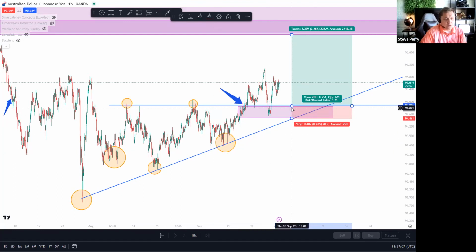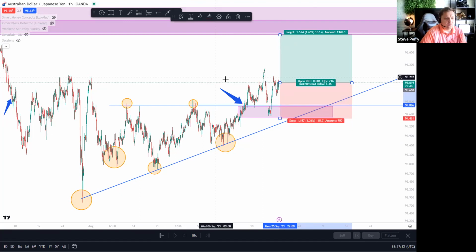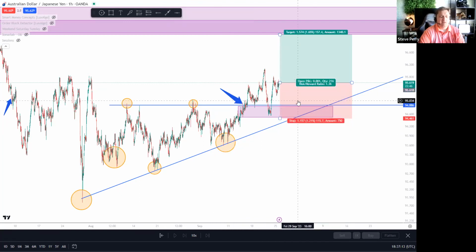If I just buy now, watch this. If I just put this right here and buy now, look what happens. It's still an okay trade, maybe not that okay, to be honest, but you'll make 1 to 1.36. So a little bit better than 1 to 1, but you're not making a ton of money off of that trade.